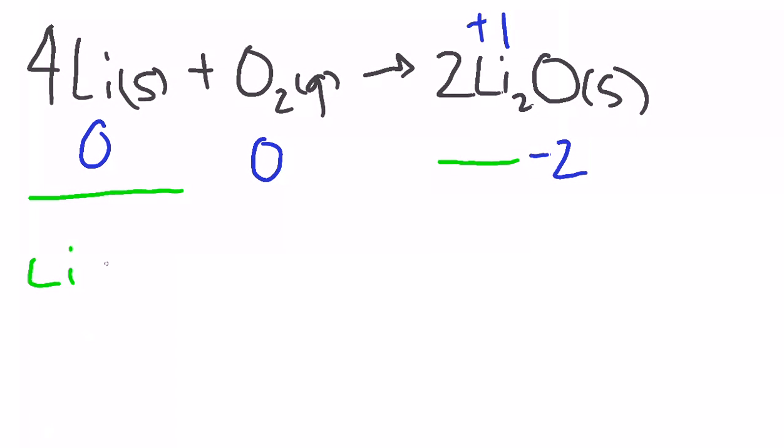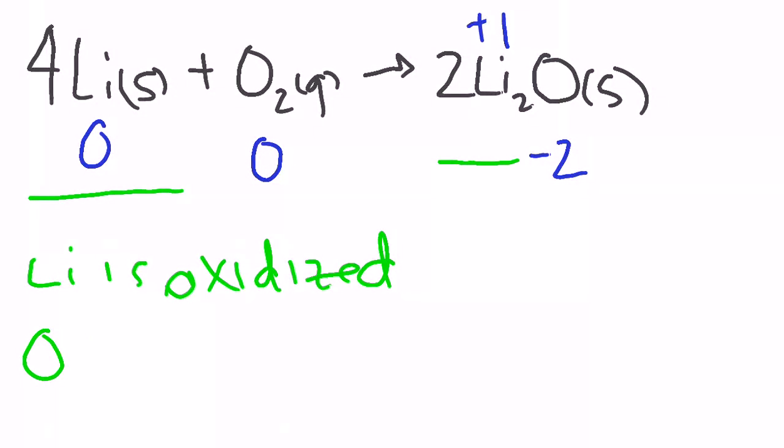So therefore, lithium is oxidized. Let's look at oxygen. Oxygen went from having a 0 oxidation state to a -2 oxidation state. So oxygen is reduced. It gained electrons.